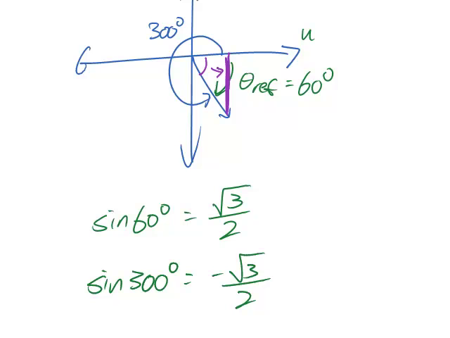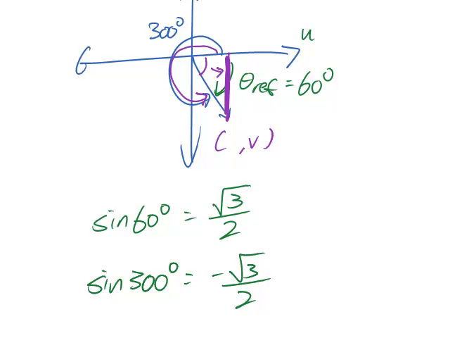So remembering that for an acute angle, sine and cosine are both positive, we're really looking at this purple line as just a length. But for 300 degrees, we're looking at this purple line as a vertical coordinate. So the purple line gives us this v coordinate.